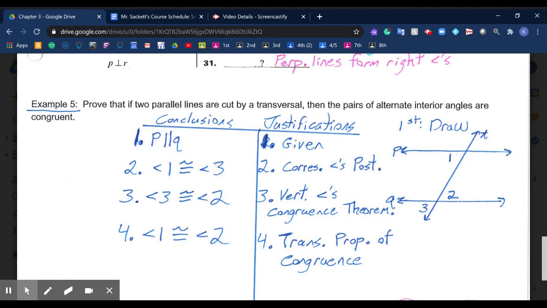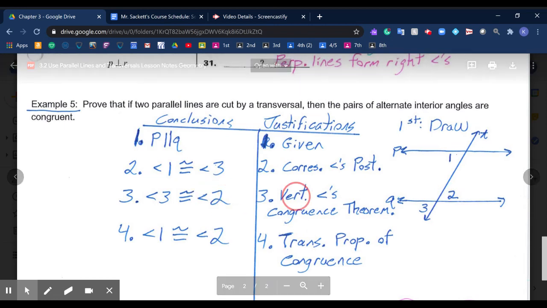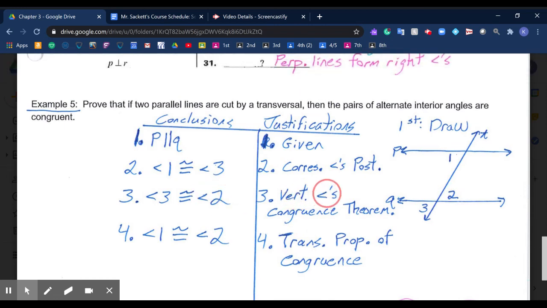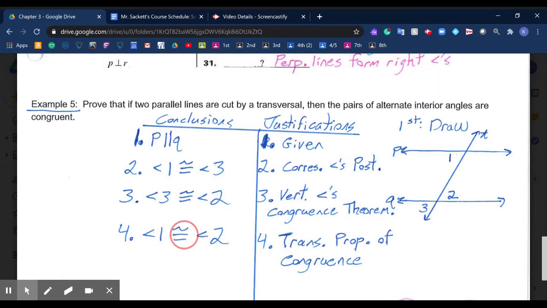Then I can also state that angle 3 is congruent to angle 2. That I can state based on the fact that vertical angles are congruent, so the vertical angle congruence theorem from our previous lesson. And then I also can state that angle 1 is then congruent to angle 2.